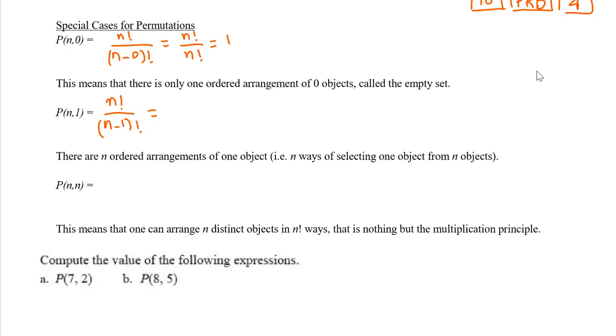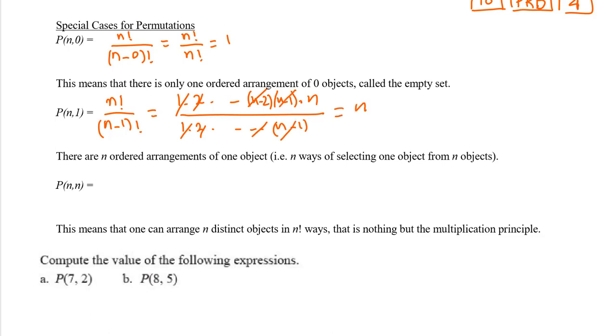Again, n factorial is 1 times 2 times all the way to n. (n minus 1) factorial is 1 times 2 times all the way to n minus 1. What's before n? Before n is n minus 1, and what's before n minus 1 is n minus 2. Because if I stop at 10, here is 10, 10 minus 1 will be 9, and 10 minus 2 will be 8, and so on. If I simplify all of this, what's left is just n.